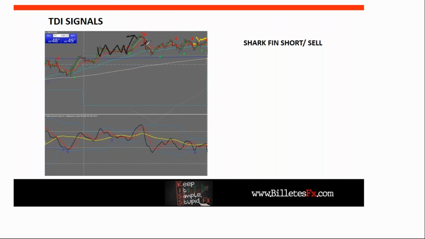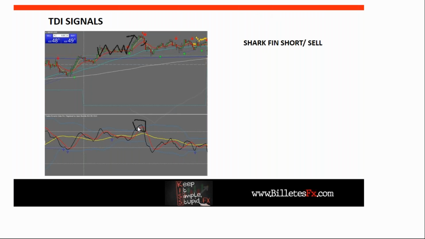Close below the catch-up is a sell. Look what happens right here. There's your shark fin. The shark fin is the stop hunt. I'm not taking the buy, I'm taking the sell, which is the better trade. So just make a note of that. The shark fin is the stop hunt.